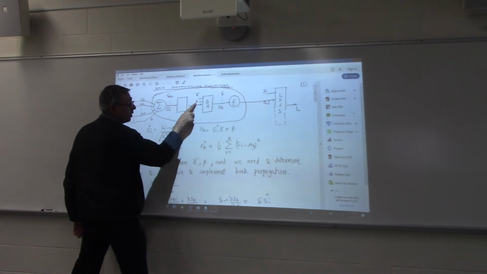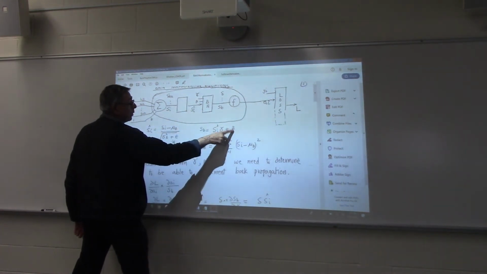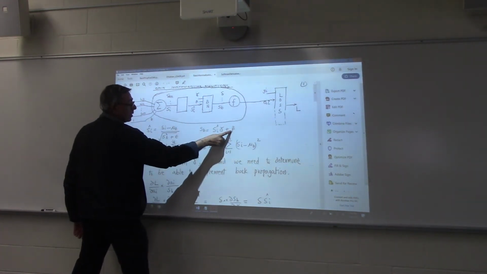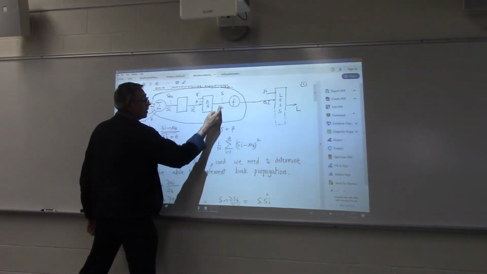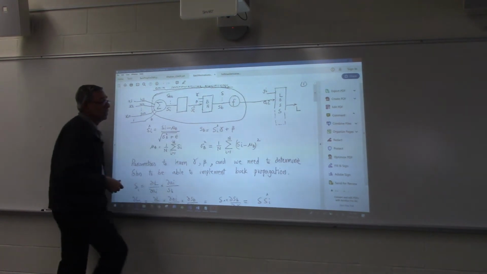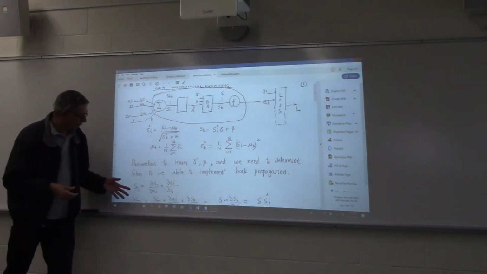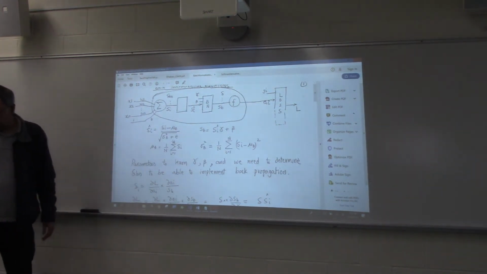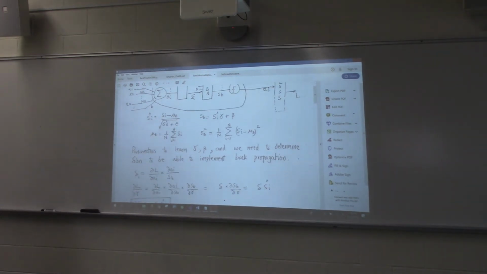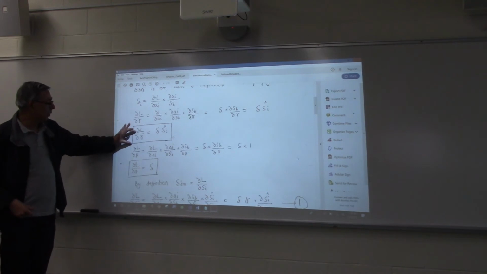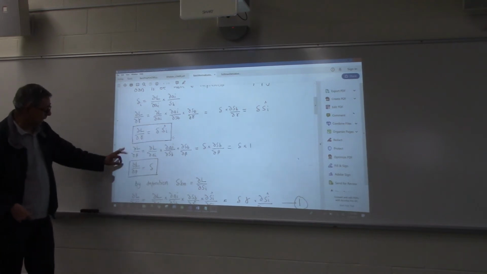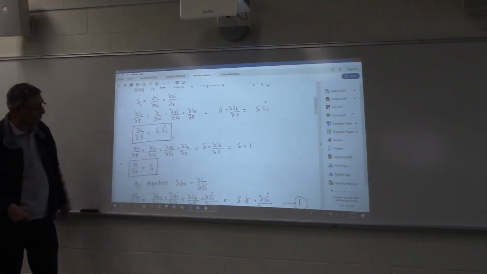And partial SB over partial beta will be just one, which is the same as delta. So partial L over partial gamma is delta times SI hat, straightforward.